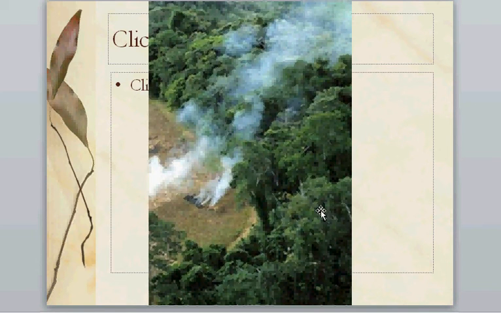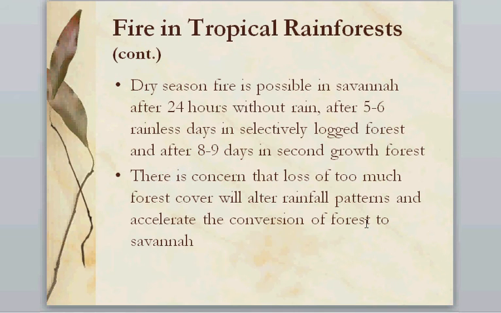It takes 5 to 6 rainless days for humidity to fall far enough and long enough for leaf litter to dry out enough to burn in a selectively logged forest, and twice as long as that in a second growth forest, and probably longer than that still, maybe up to 2 weeks in a mature primary forest which hasn't been touched.